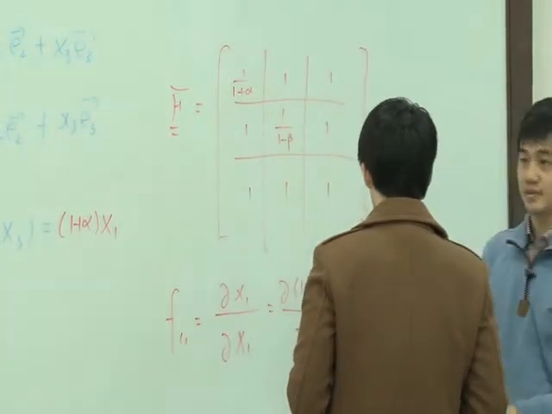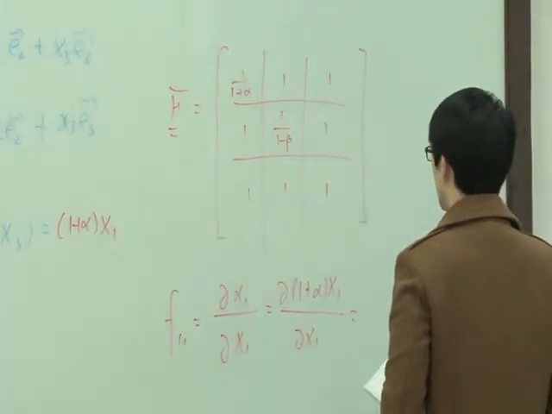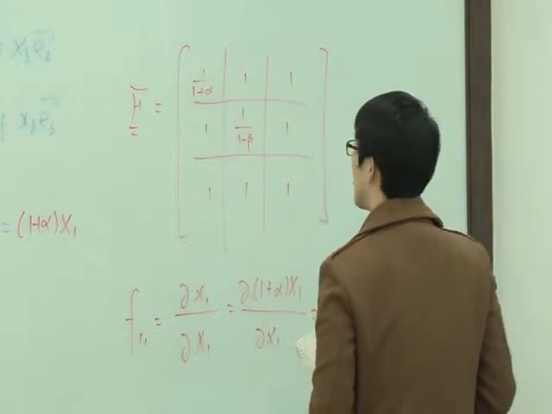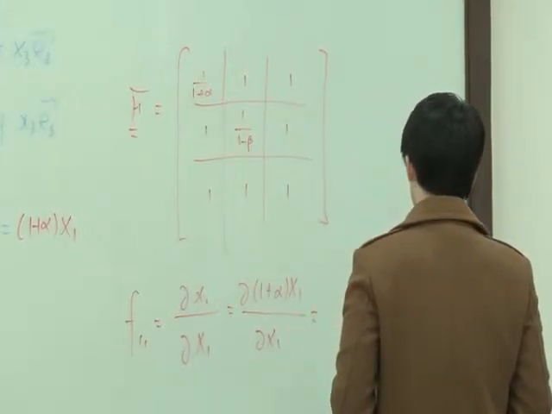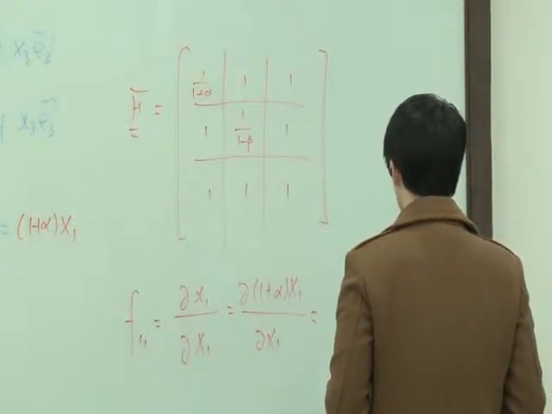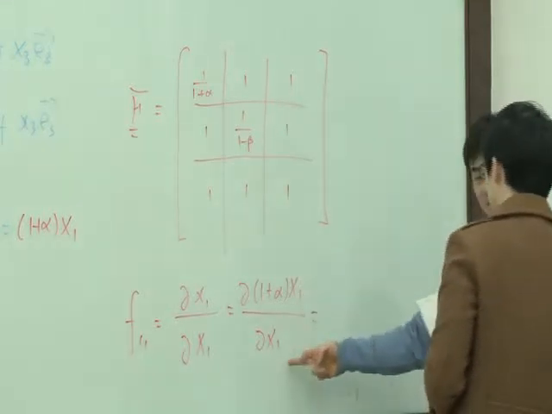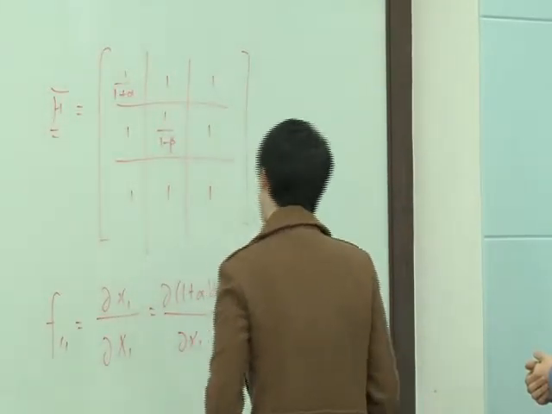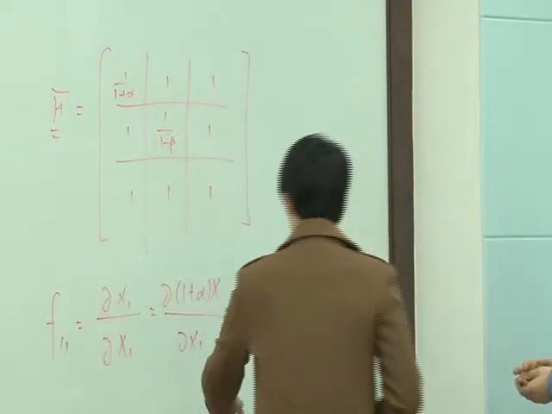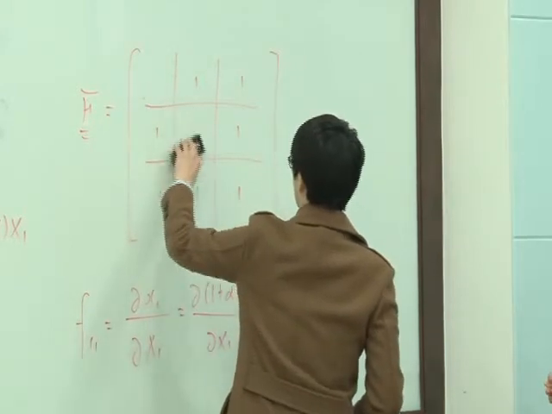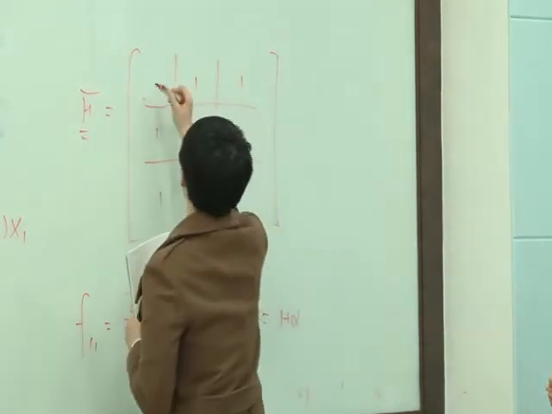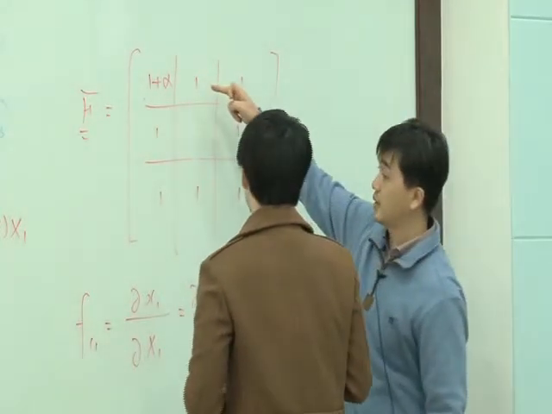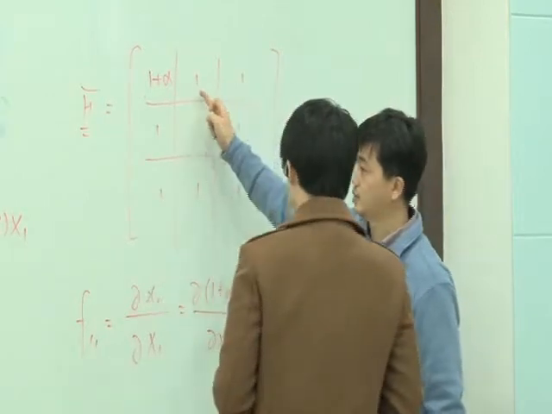What's this? This is just high school mathematics, right? You don't know how to take the derivative of this function with respect to this? Huh? Okay, then you need to change the old equation. And then if you take the derivative, this is the partial derivative with respect to X2, then what do you have here?